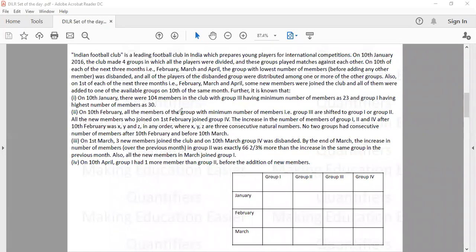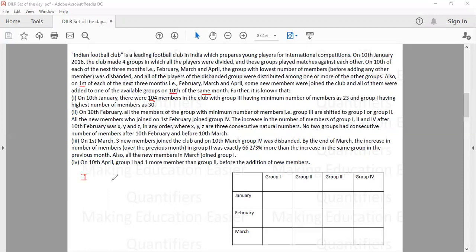Now first of all, it says on 10th of January there were 104 members in the club. Now remember that the new members join the group on the first of every month, but they are added to one of the available groups on the 10th of the same month, right? And on 10th of January, the first time when the groups were made, there were 104 members in the club, with group 3 having the minimum number of members as 23.